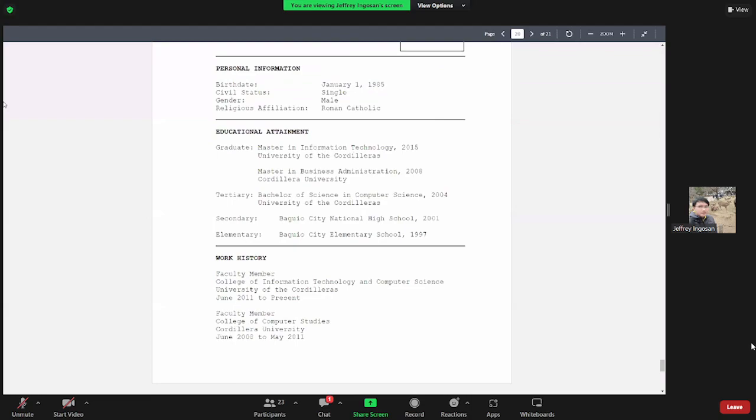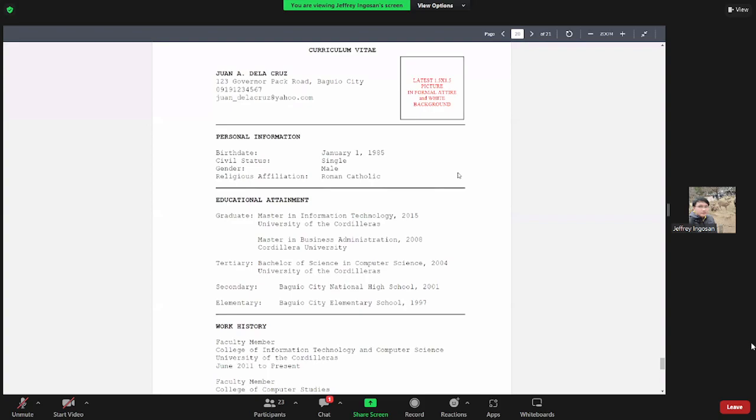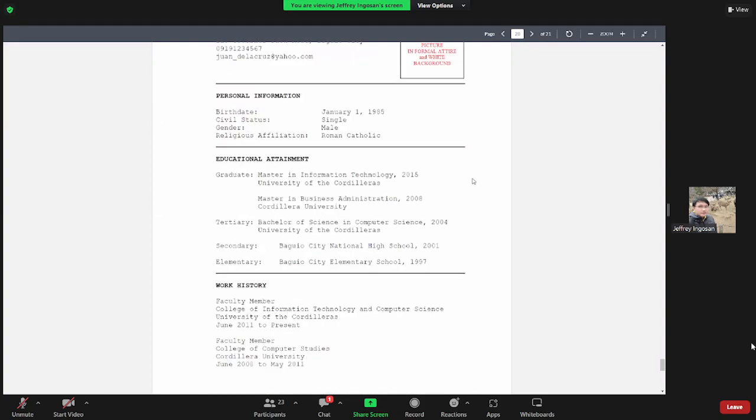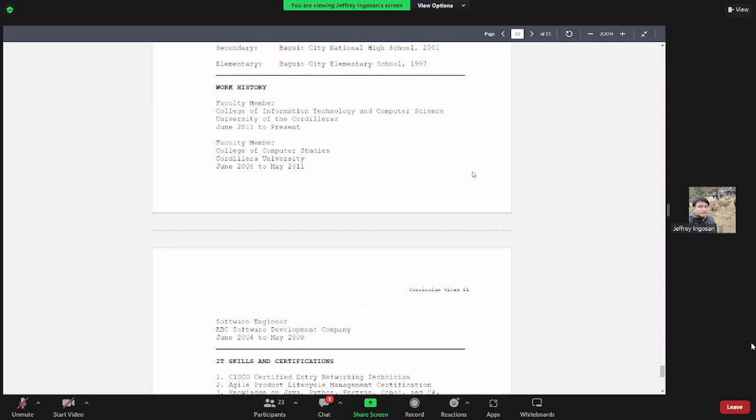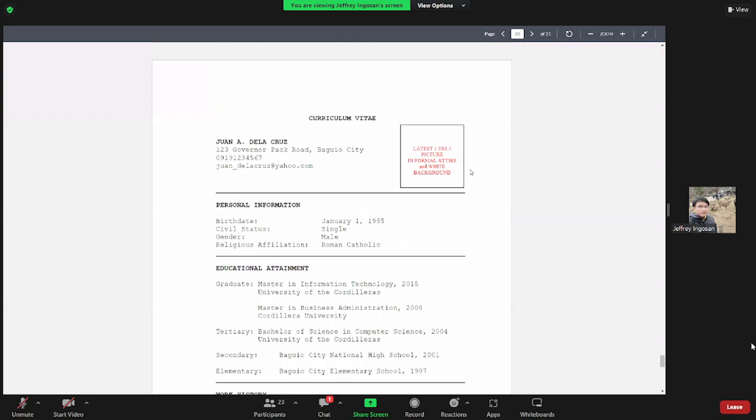All the other parts of the manuscript are double spaced. You will actually see later why we are strict with the number of pages for the curriculum vitae and the abstract, and why the curriculum vitae, abstract, and approval sheet are single spaced.